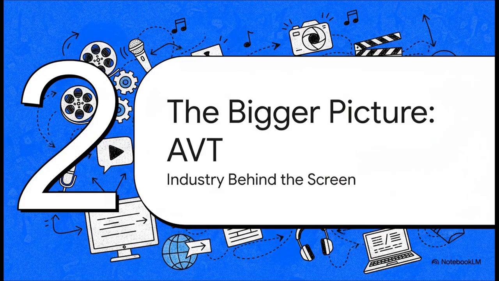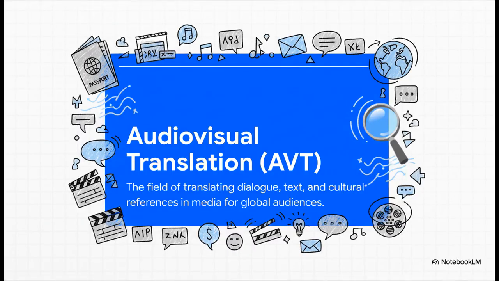Okay, so we've covered the different types of subtitles. Now let's zoom out and look at the whole industry behind them. All of this incredible work falls under a professional field called audiovisual translation, or AVT for short. So what is AVT? Well, you can think of it as the ultimate passport for stories. It's the entire industry dedicated to translating not just the words people say, but also text on screen, cultural jokes, and deep references, all so that a movie made in one country can be truly understood and loved by people anywhere else in the world.